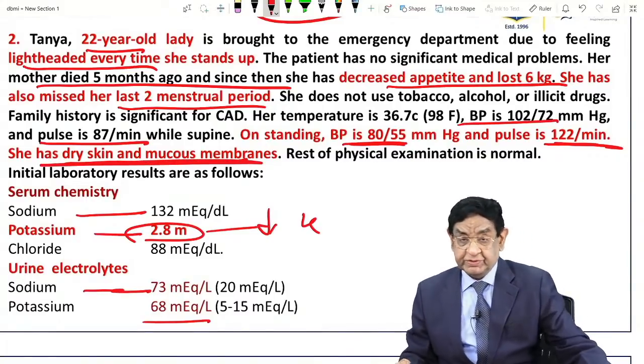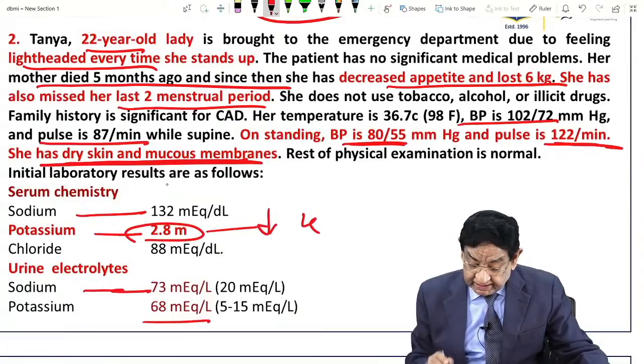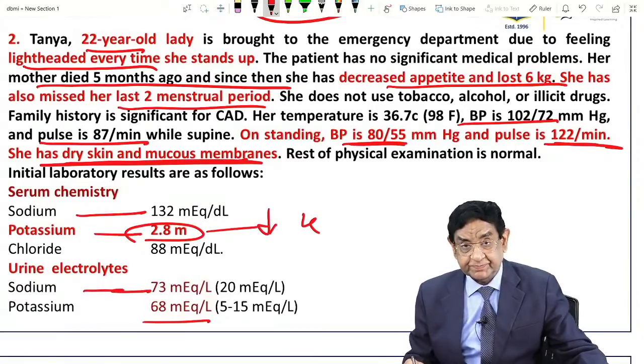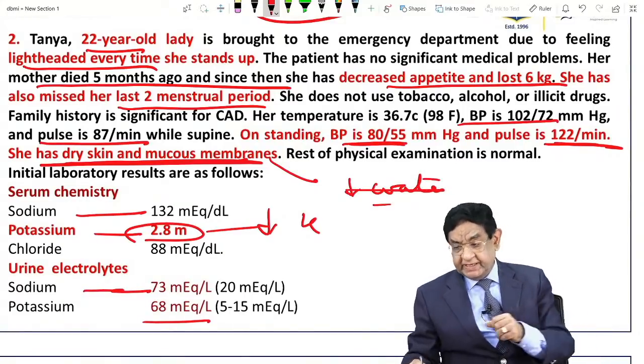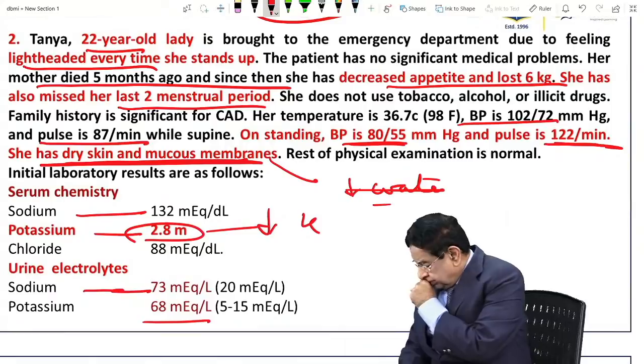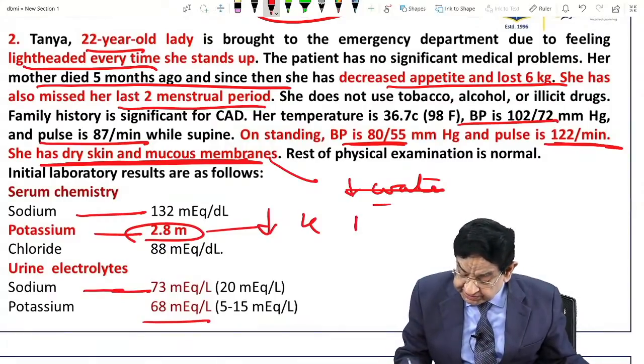So there are few things that we got to know. One is skin dry, mucosa dry. This simply tells there is reduced water in the body. She is dehydrated, to be more precise. The one is that she is dehydrated.